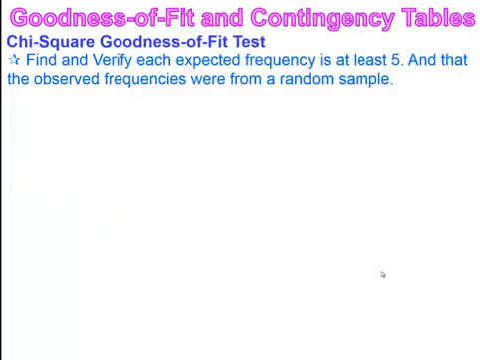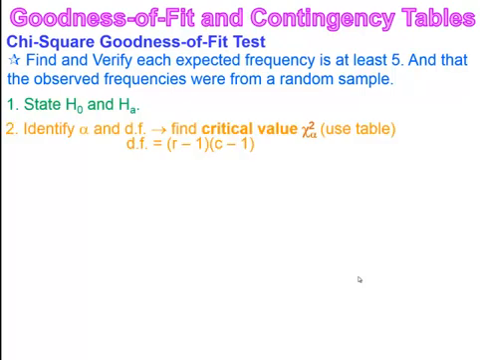The process you're going to take for the chi-square test for a contingency table is you're going to verify that it meets the conditions, and then you're going to state your null and your alternative statement. And we're testing for independence or relationship or no relationship. So to find the critical value, you're going to need that degree of freedom and the level of significance or alpha, and you're going to look it up on the table.